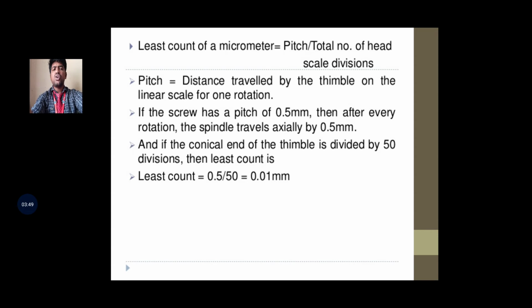If the conical end of the thimble is divided into 50 divisions, the least count is 0.5 divided by 50, equal to 0.01 mm. So with a least count of 0.01 mm, the measurement value will be read accurately on the micrometer.